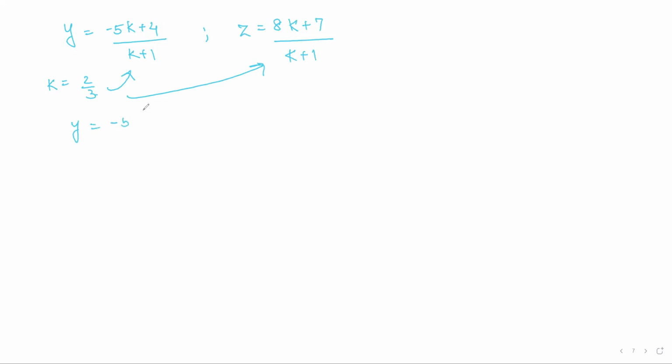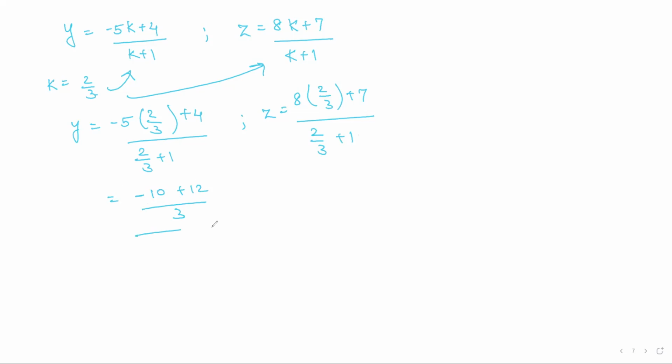Y is equal to minus 5 into 2 upon 3 plus 4 upon 2 by 3 plus 1. Your z is equal to 8 into 2 upon 3 plus 7 upon 2 by 3 plus 1. This is equal to minus 10 plus 12 upon 3 whole upon 2 plus 3 upon 3. 3 will get cancelled.